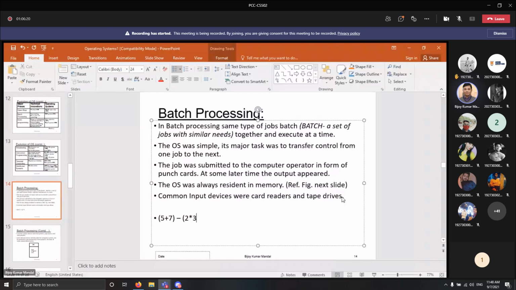And again I have another equation: 4 multiplication 5 plus 7. Now for the first equation, our system already performed 5 plus 7. What is the result of 5 plus 7?